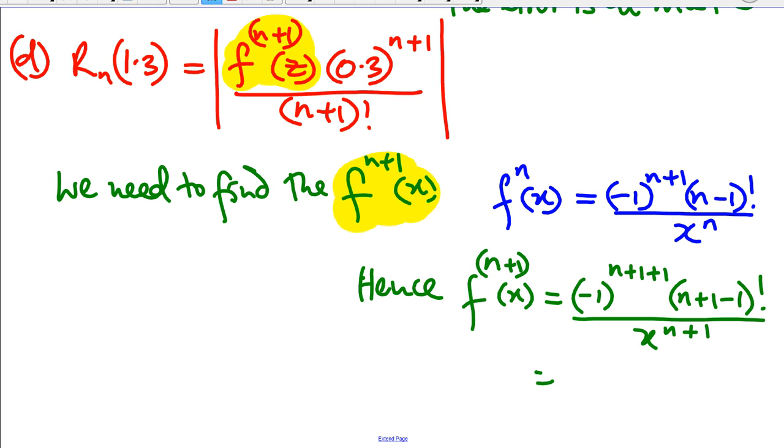So what I've done is just to replace n with n plus 1, if you notice that.